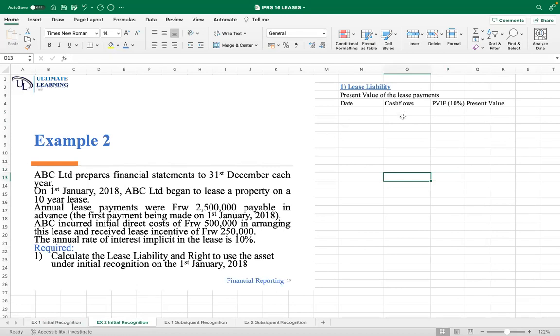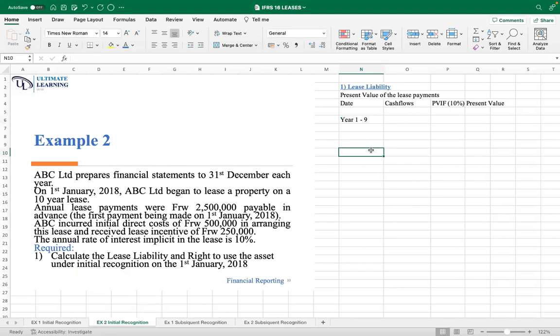Now, because it's an annuity, I'll just write year 1 to year 9. I will explain why I picked year 9 and not year 10. According to what you are taught in managerial finance, let me try to summarize it.